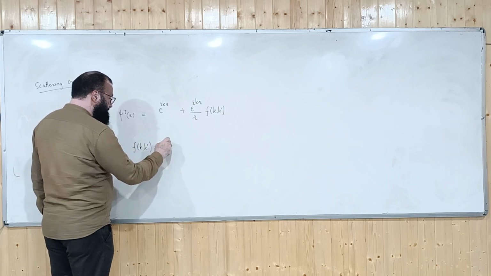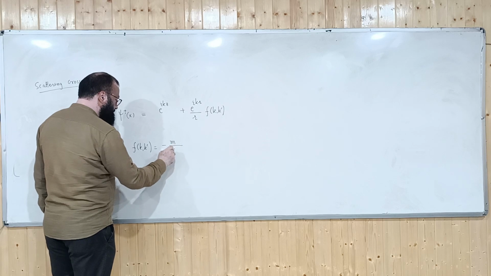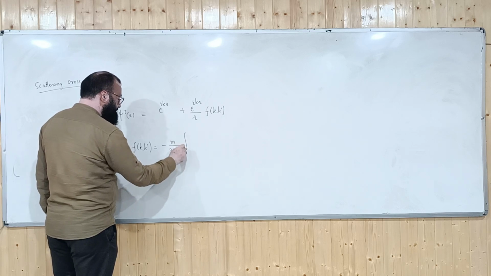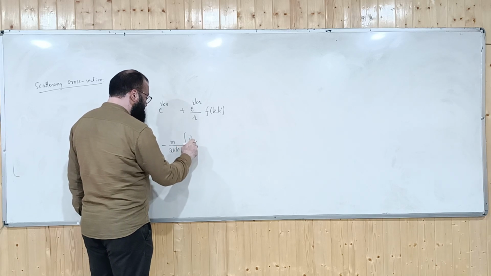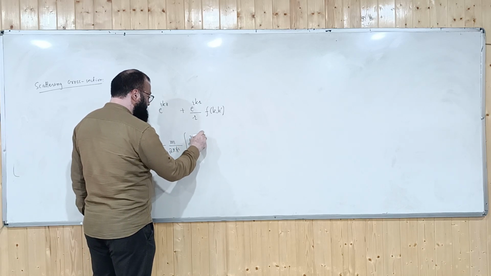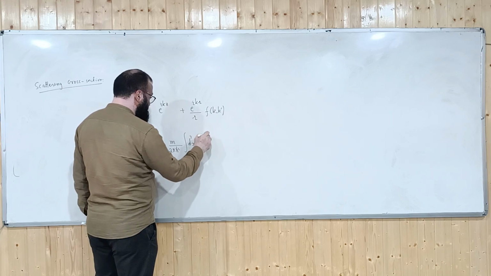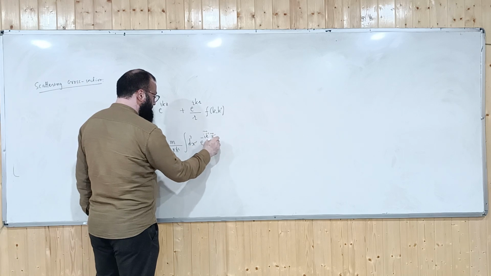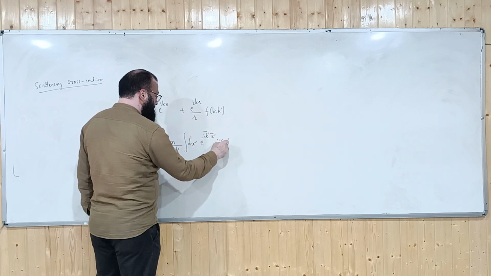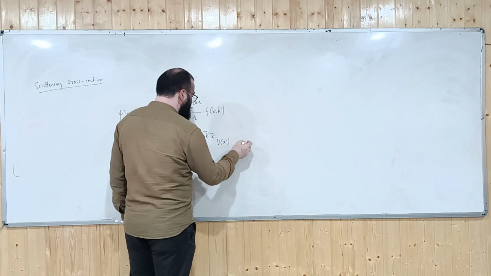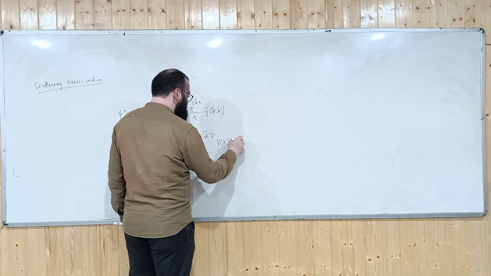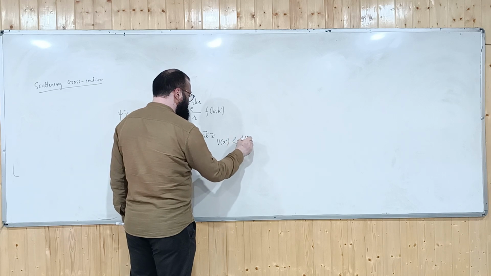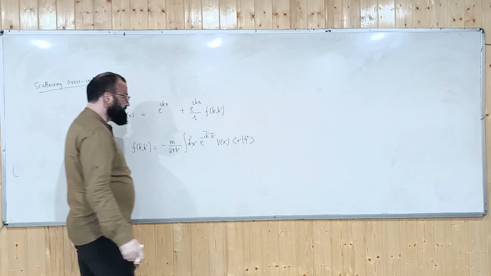That's actually equal to minus m by 2π ħ² probably, the integral d³x' of e^(−ik'·x') U(x') ψ+(x').